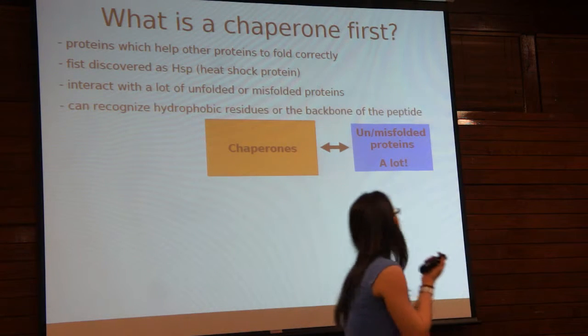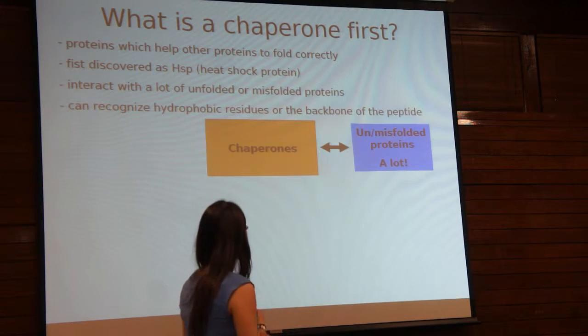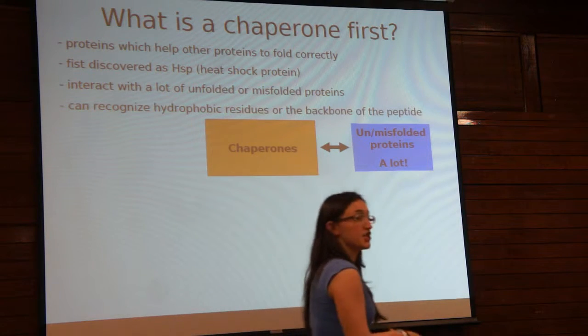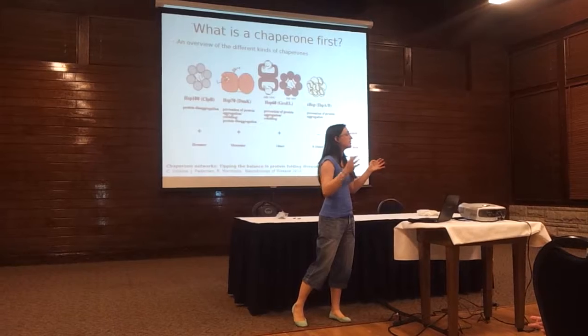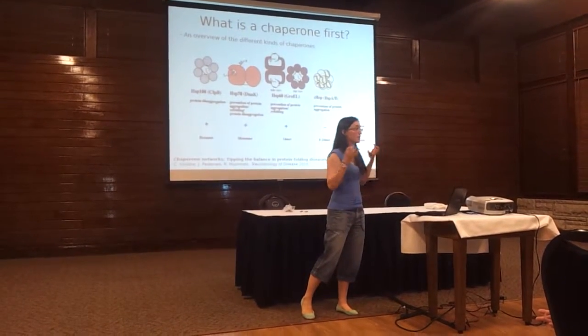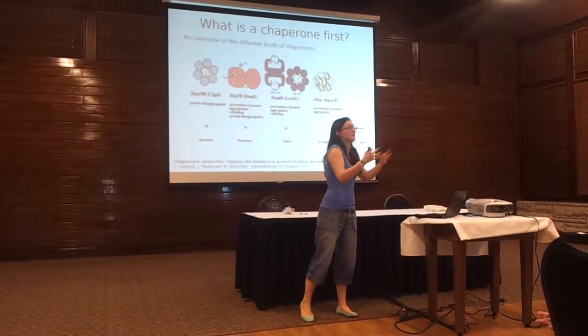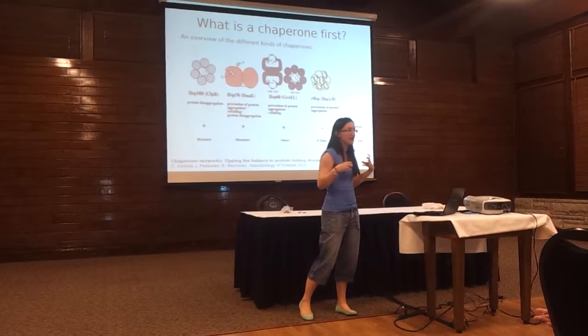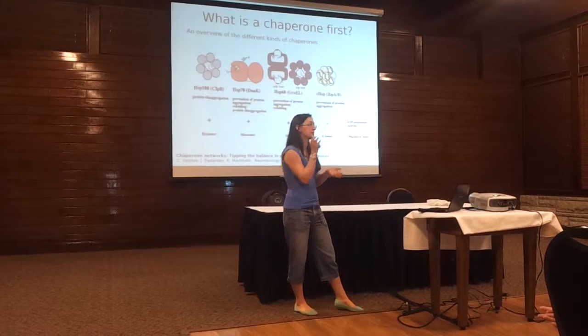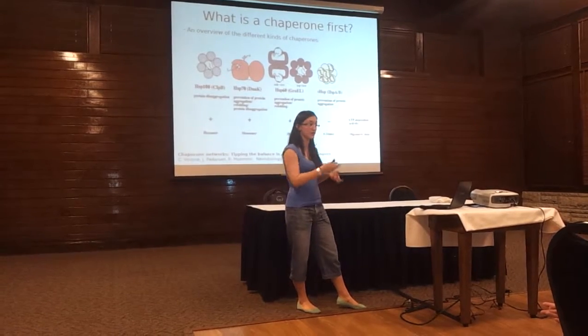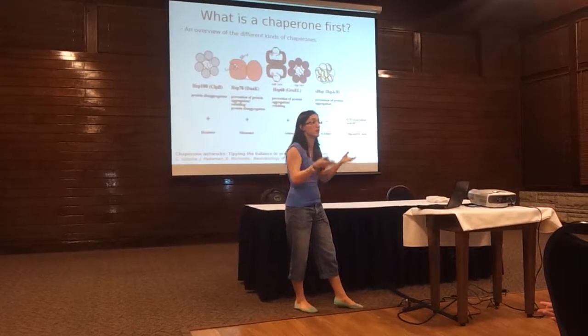They were first discovered as HSPs, heat shock proteins, to help proteins get folded and not be aggregated with other proteins. But they also have to leave some space for the protein to get folded, because if they bind too much to the hydrophobic residues, the protein will not get its hydrophobic core.